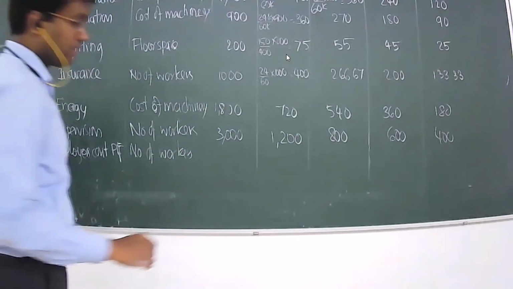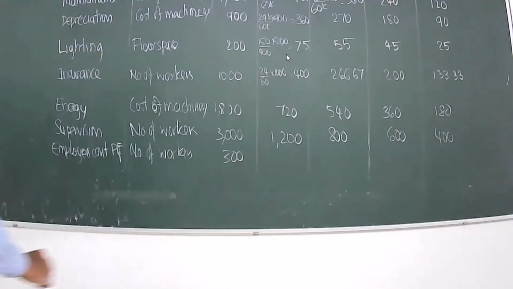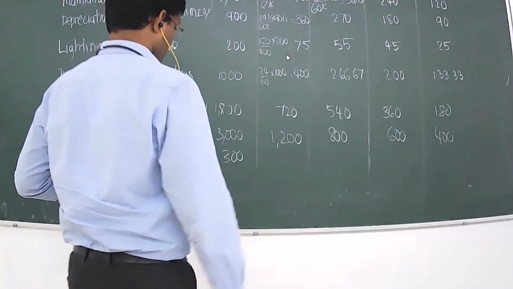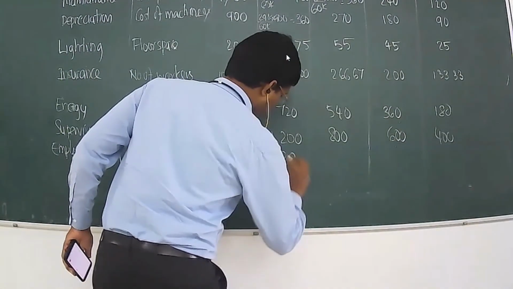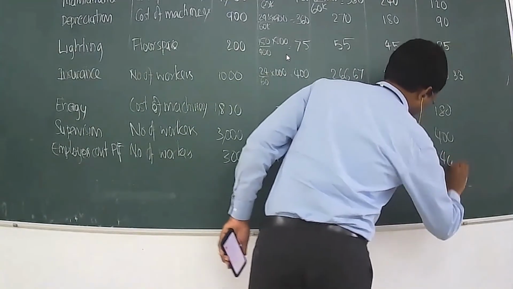So here this would be 300, and I think you just have to take one zero off: 120, 80, 60, 40.